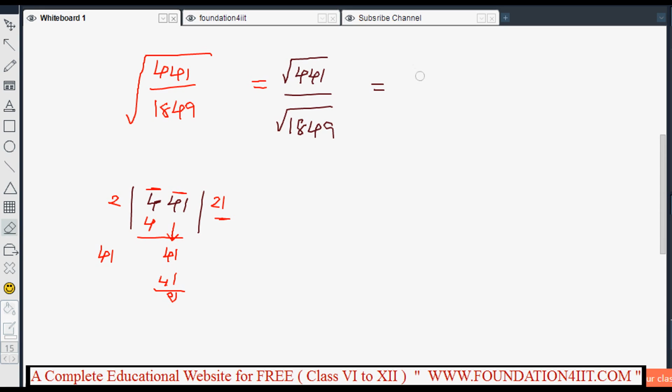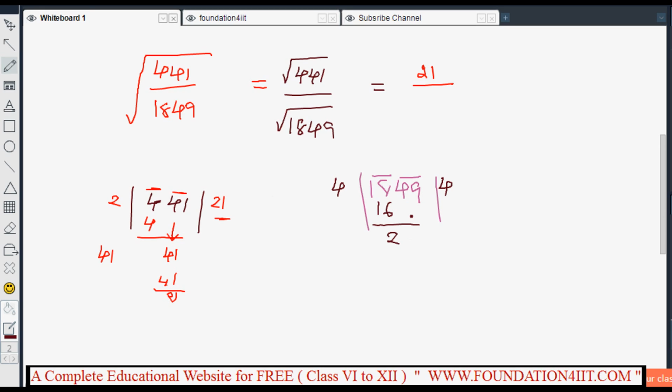Similarly, the square root of 1849. Using the division method, 18 is near the perfect square 16, because 4 4s are 16.